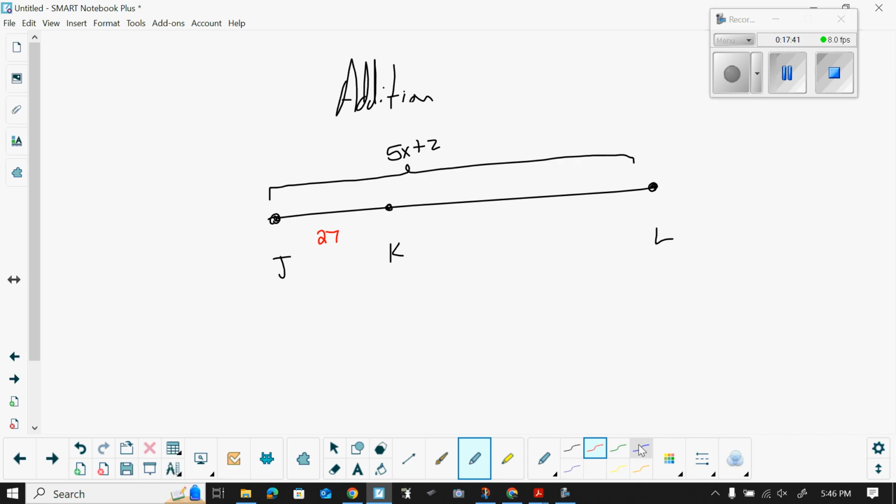And then let's say I told you that the length of KL, this portion right here, is 3x minus 1. Again, understanding addition, what it is, tells me something. I know that this total amount is these two partial amounts added together. So I should be able to add these two partials together, in this case, the 27 and the 3x minus 1.